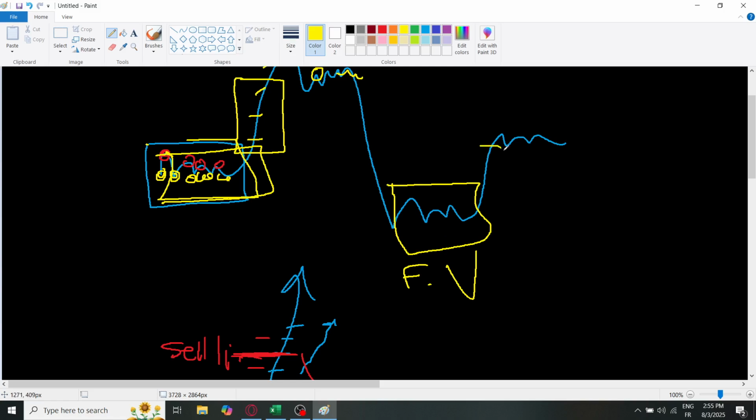So over here, another trend, which is called unfair value. So this is fair value and this is unfair value, which means there is one side winning over the other. In this case, buyers are more aggressive than the sellers. This is the first thing.